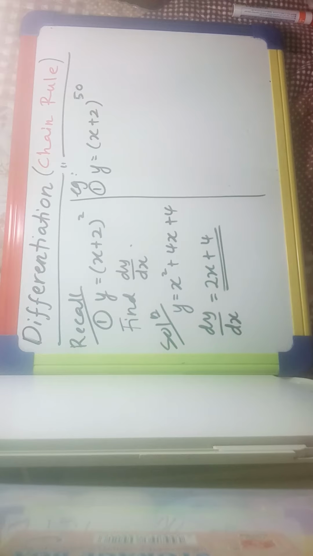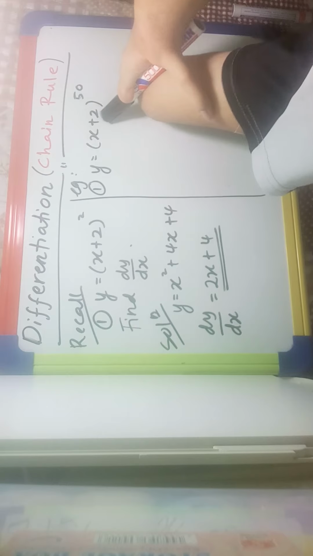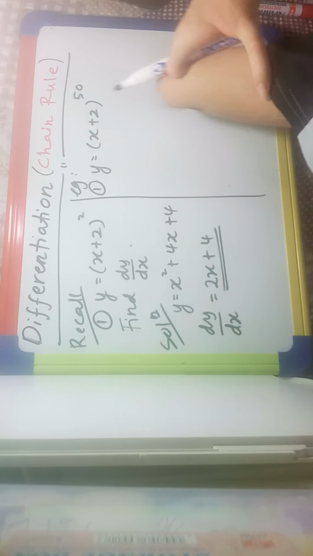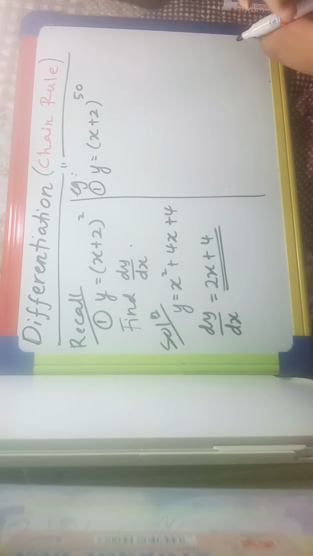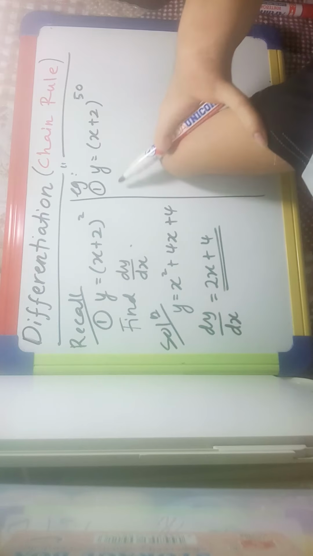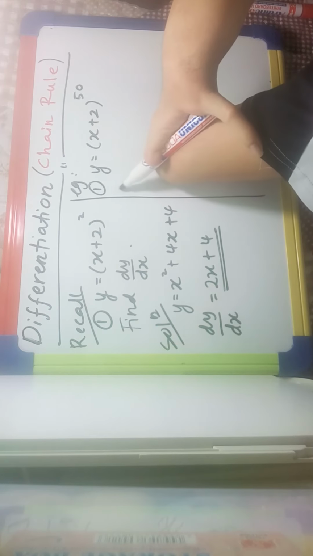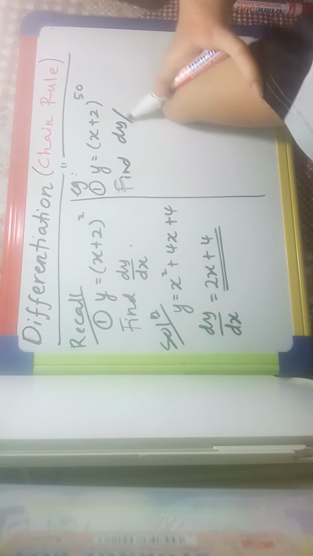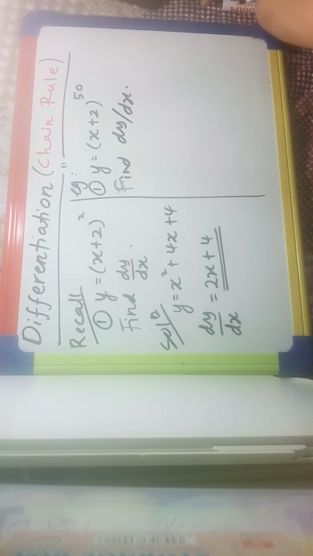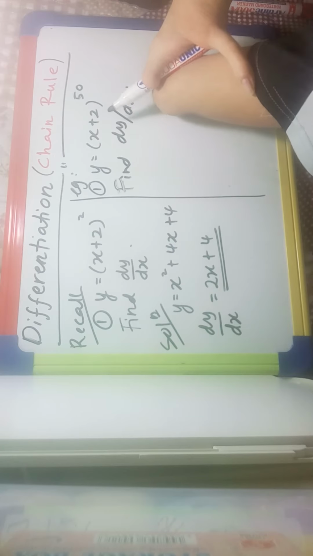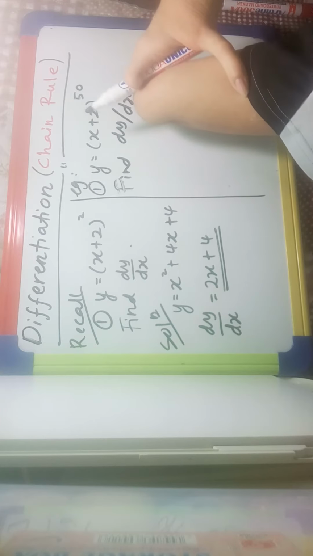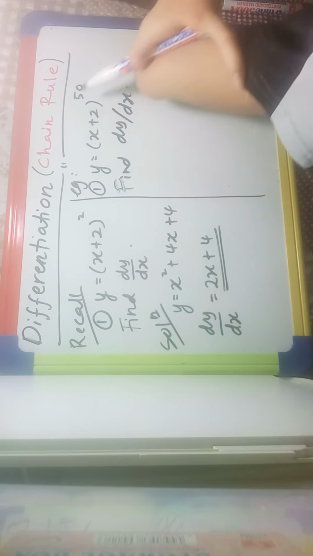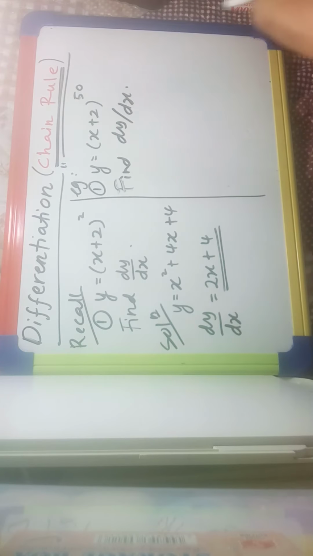But expanding this kind of question takes you almost 1 hour to complete. We don't want to do that. The question is still asking to find dy over dx. This type of question we can still solve without expanding (x plus 2) to the power of 50. How? By using what we call the chain rule.